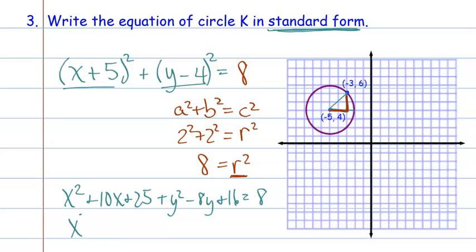And I'm left with x squared plus 10x plus y squared minus 8y. Not equals yet. Let me get rid of that. And I need to do 25 plus 16 and then subtract 8. And you should get 33 equals 0.